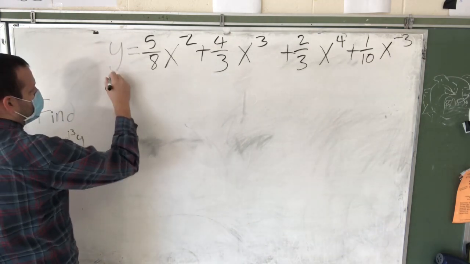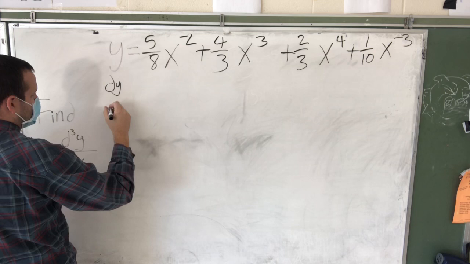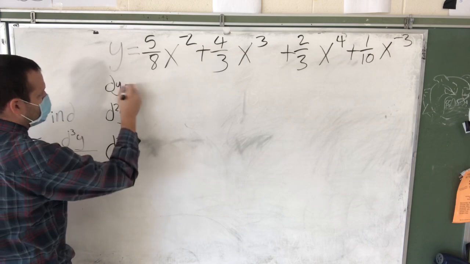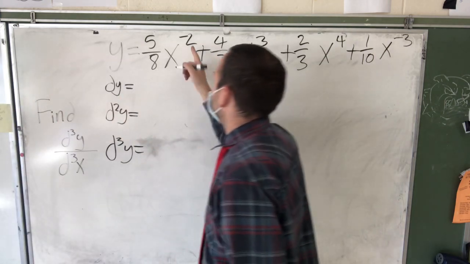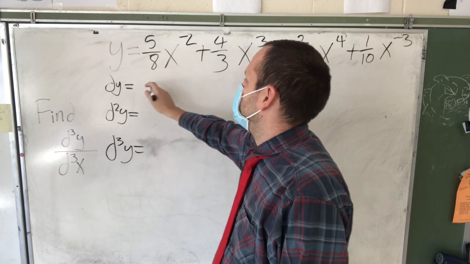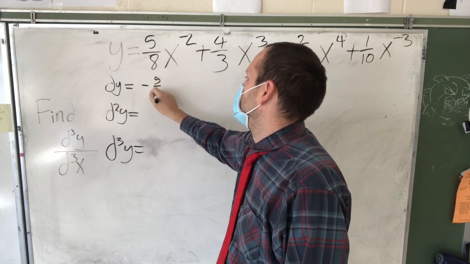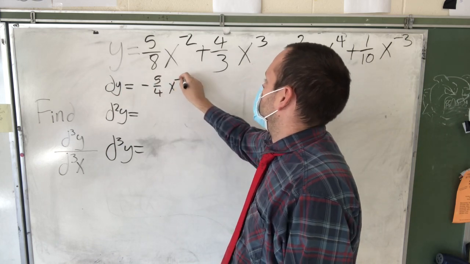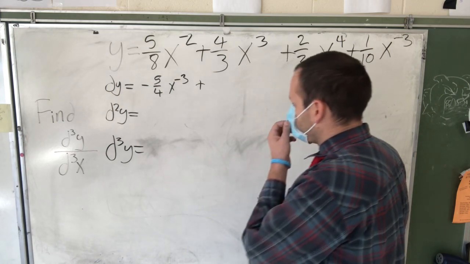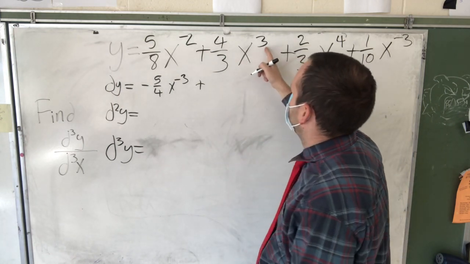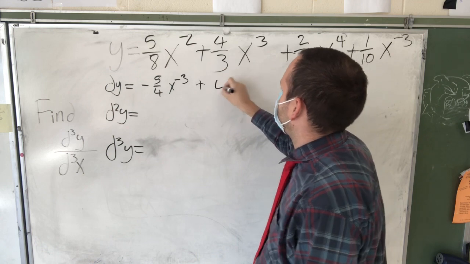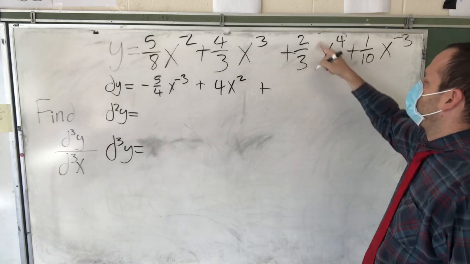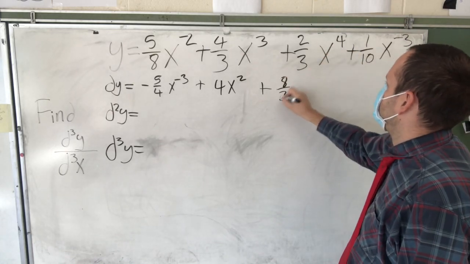So we're going to have dy, d2y, d3y, all right? So 2 times 5/8 is going to be negative 5/4 x to the negative 3 power plus, let's see here, we've got 3 times 3, so that's going to give me 4x squared, plus 4 times 2/3 is going to be 8/3 x to the 4th.